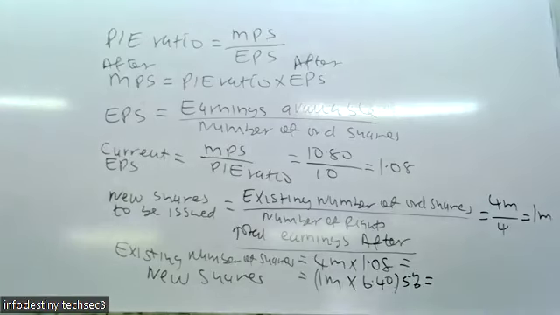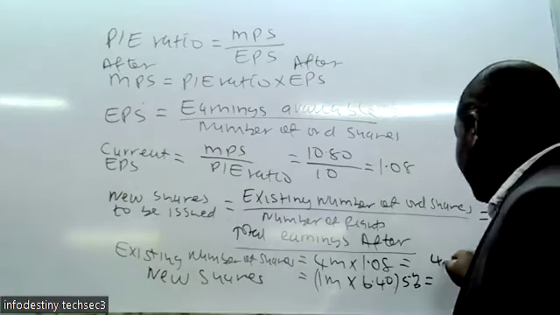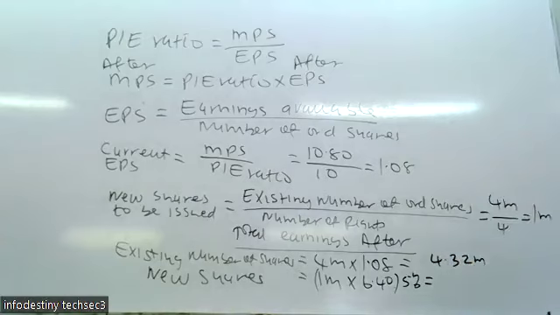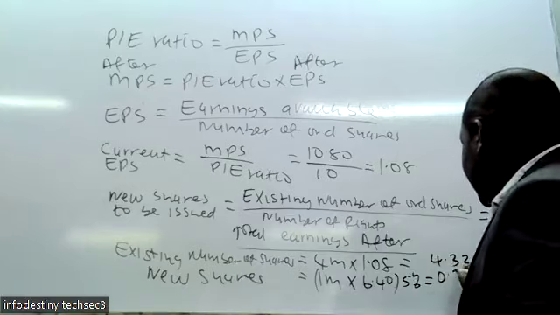So what would happen at that point is that you take 4 million multiplied by 1.08. So this one should give me 4.32. So this one is 0.32.